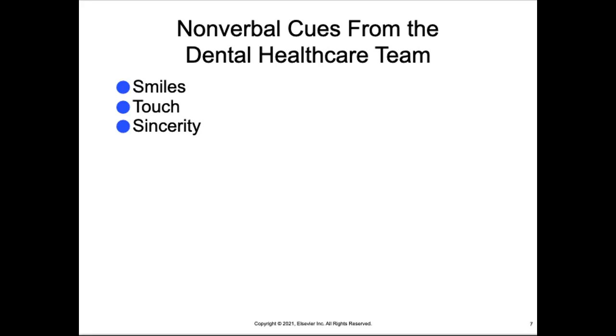So what I mean by touch, I mean like gently touching a patient's shoulder or touching their arm. This lets patients know that you care. Patients can recognize sincerity when members of the dental healthcare team remove barriers. Barriers can take the form of desks and other objects that come in between the team member and the patient.